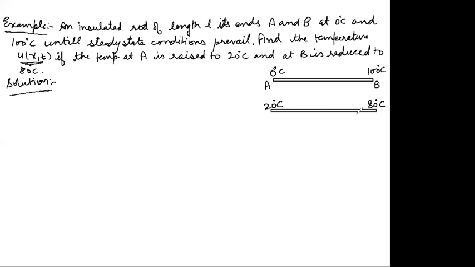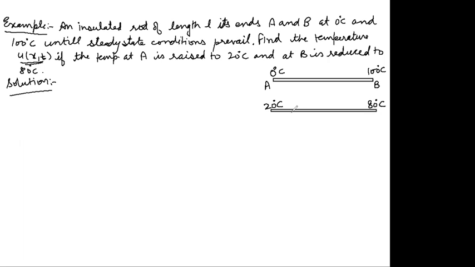Now our final conditions will be these, instead of 0 and 0. In the last question, A was at 0 and B was also maintained at 0 degree when it was suddenly cooled from 100 degree. Now what is the different situation? The temperature of end A is raised by 20 degree and B is reduced by 20 degree, from 100 degree to 80 degree.